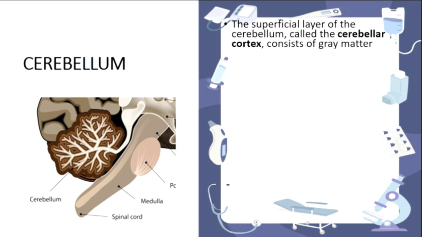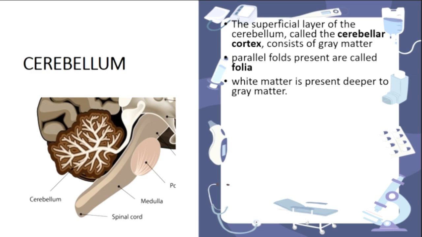And next is the flocculonodular lobe, which maintains the balance and equilibrium of the body. The balance of the body, when you stand on a small pathway or a crossing path, right? This is supported by the flocculonodular lobe to balance your body.